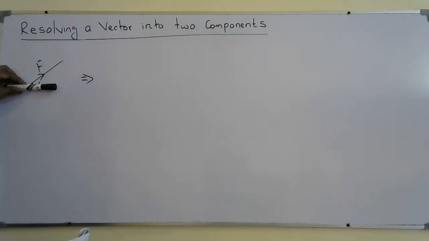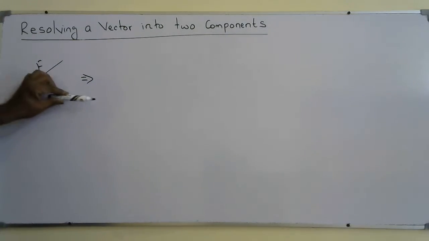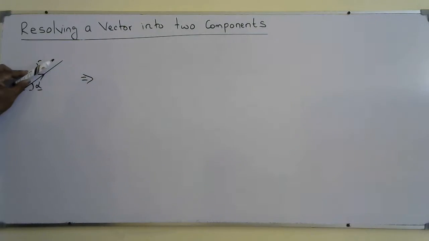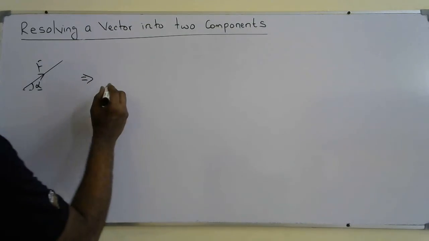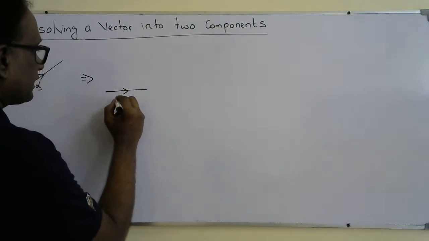When I close it, the nib points to the right. So the horizontal component will be F cos alpha, in this direction.